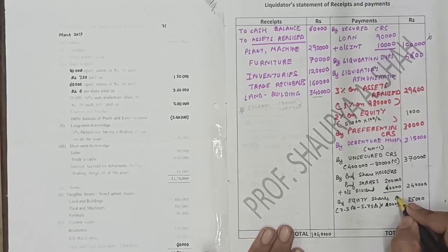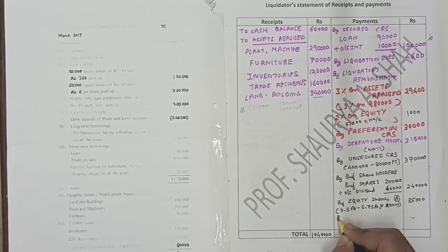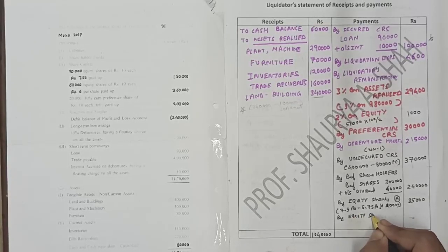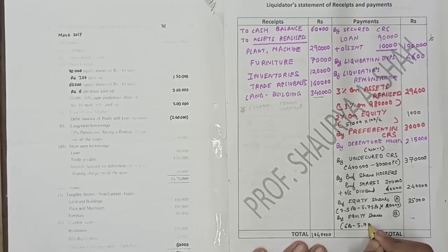Suppose I name it A, right? Now the second type of equity share, say B. How much had they paid me? 6 rupees minus what is my deficiency? 5.75 rupees into the number of shares, 60,000.